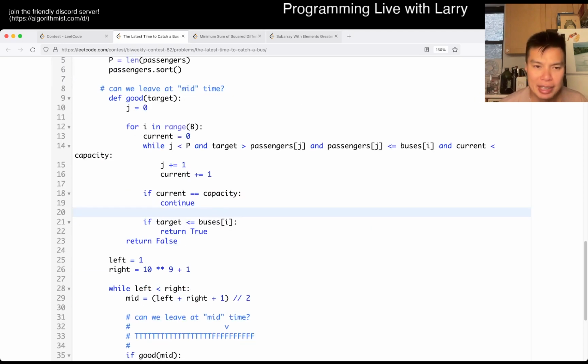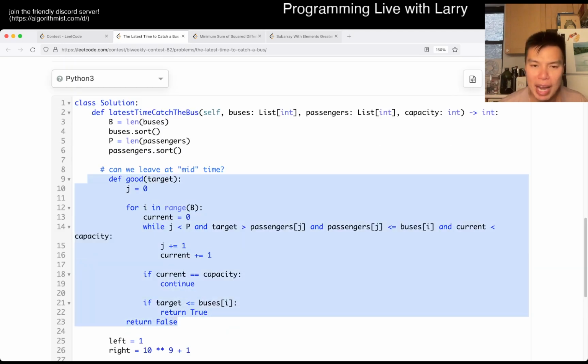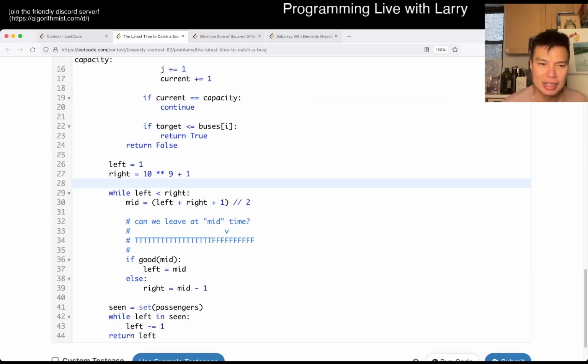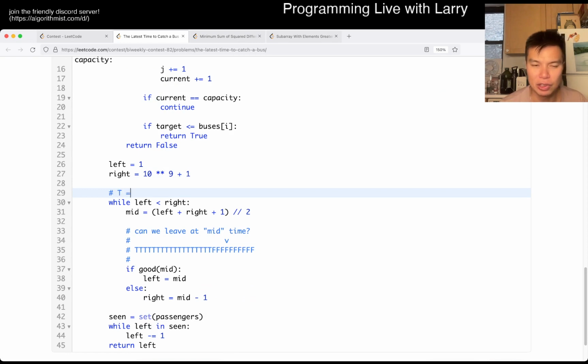So what's the complexity here, right? Here, this is going to be O of B plus P, I call it B and P for buses and passengers. I think it's cleaner. And here, let's say T is equal to the range of target.